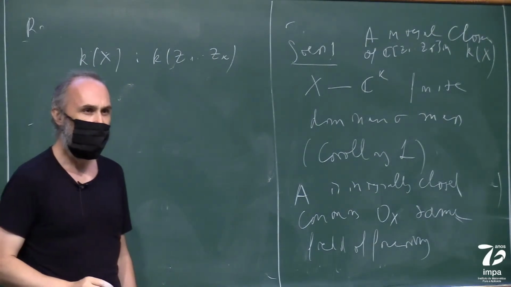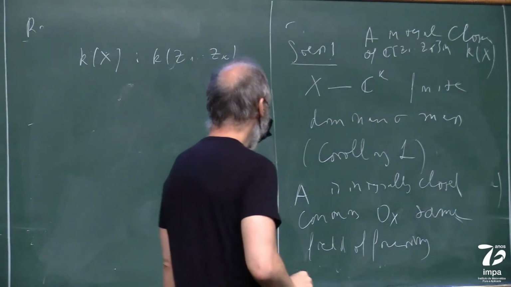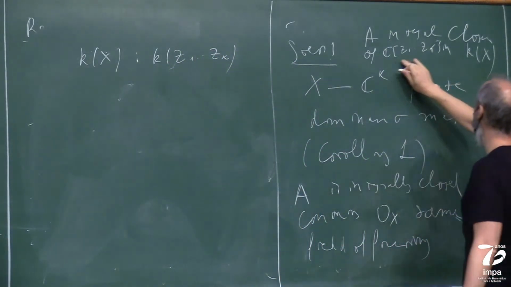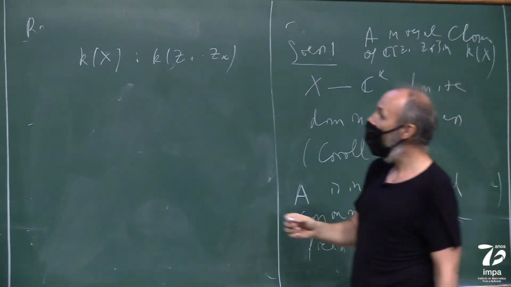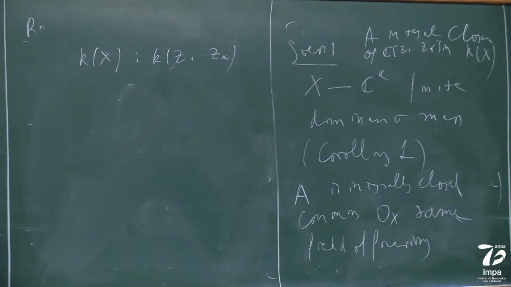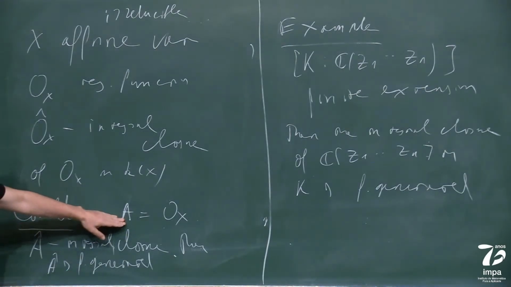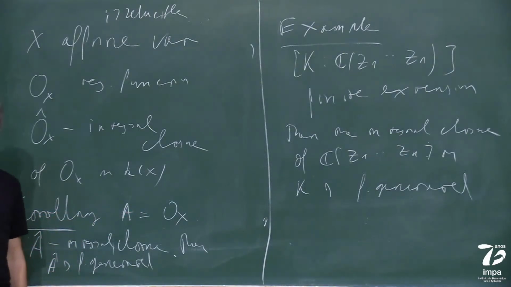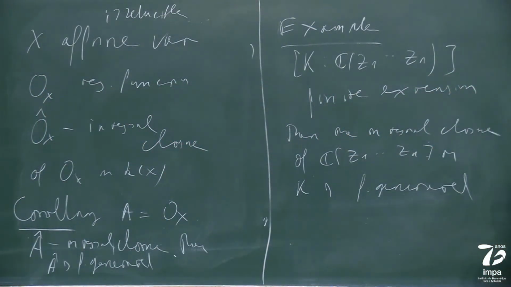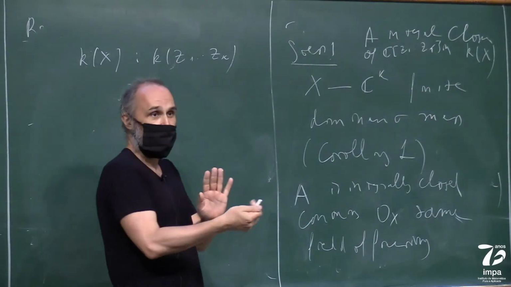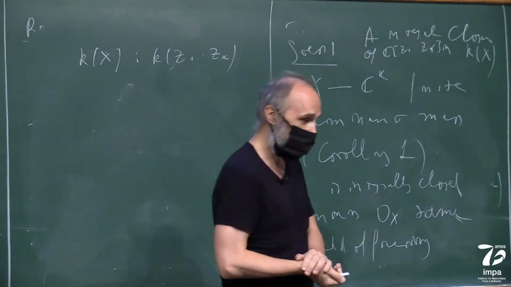A is the integral closure of the polynomials in this field of fractions. A hat is the integral closure of A in its field of fractions. So a priori, A is contained in A hat, but we haven't proved the converse yet. It's still true.